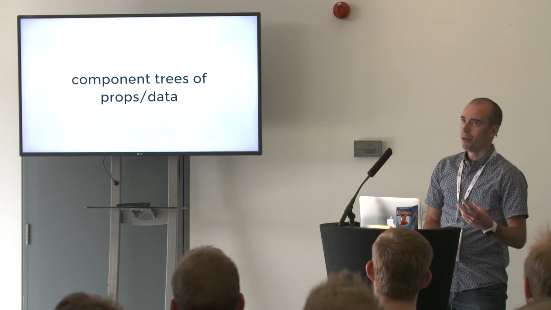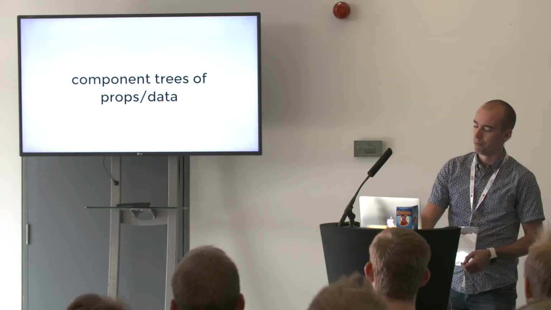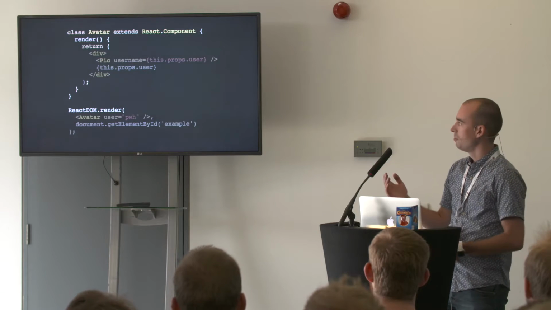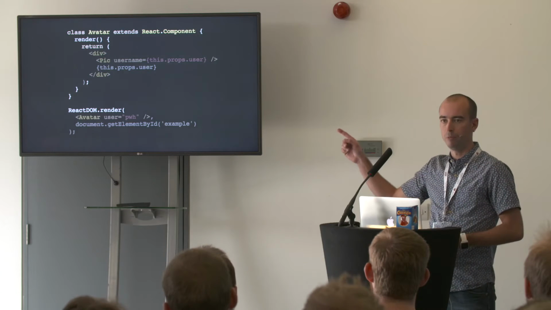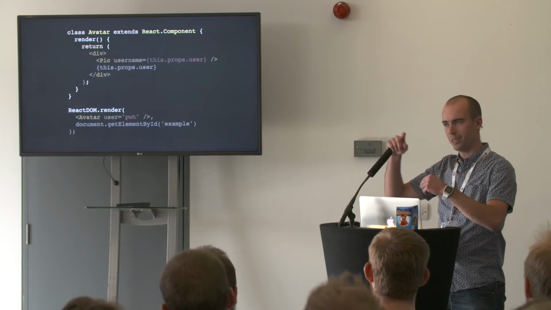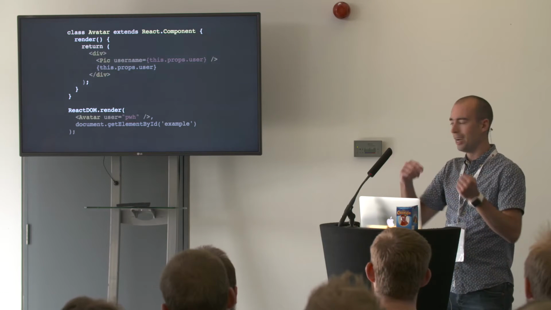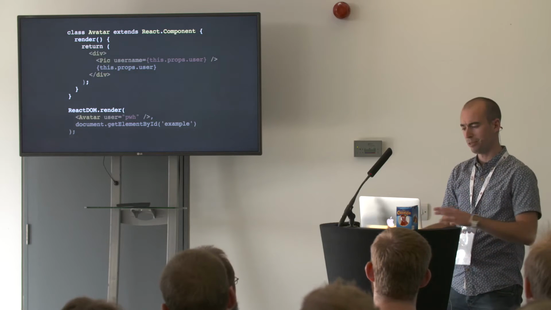React has component trees, which are built around properties. There you go. So this is the React component. I assume people are vaguely familiar with React. This syntax blew my mind the first time I saw it. You can put JavaScript in with HTML, and it transpiles the HTML into JavaScript.